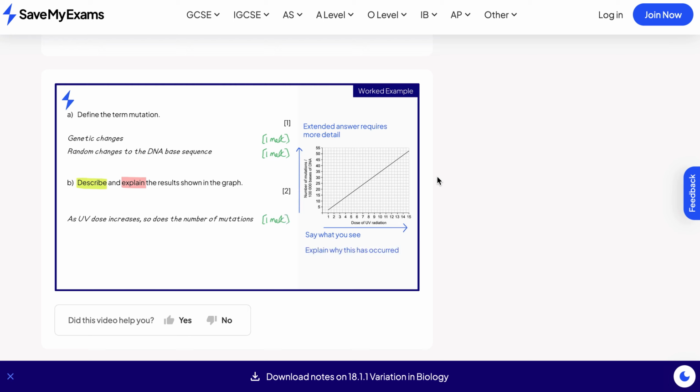We then need to explain why this is the case. You should know that ionizing radiation, of which UV is an example, increases the rate at which mutations occur. You should avoid stating that ionizing radiation causes mutations, as mutations occur even in the absence of radiation. You should instead say that it increases the rate of mutation.